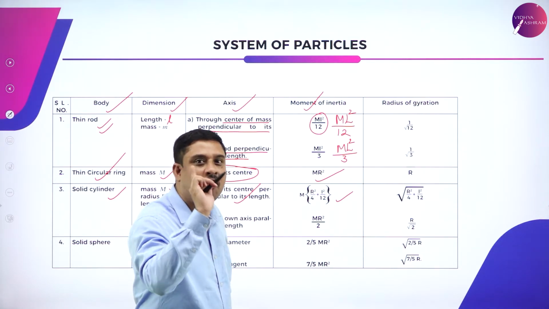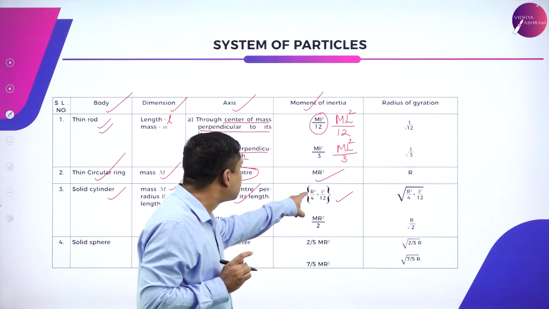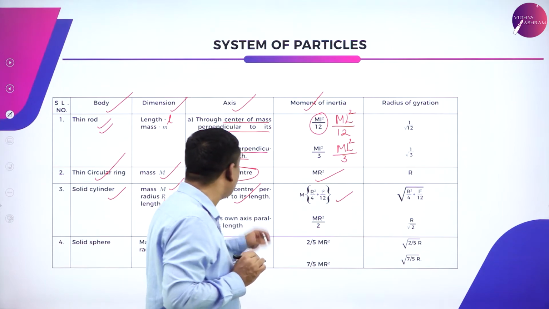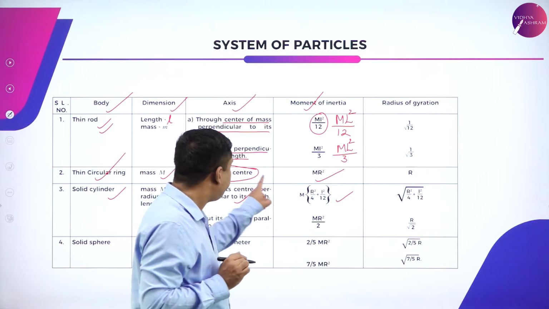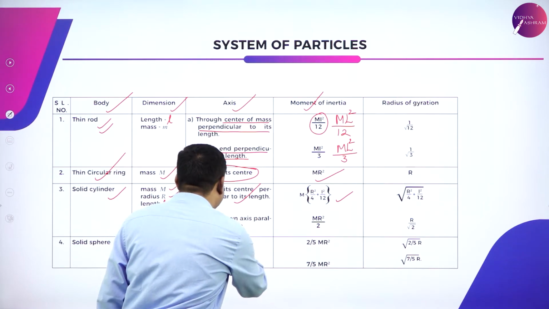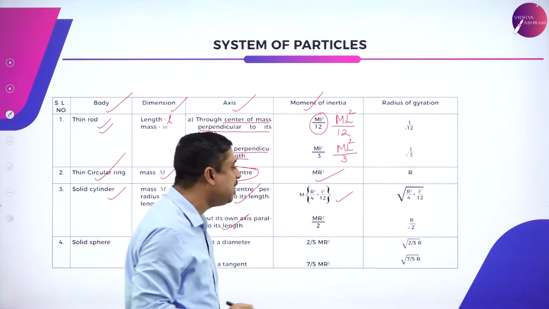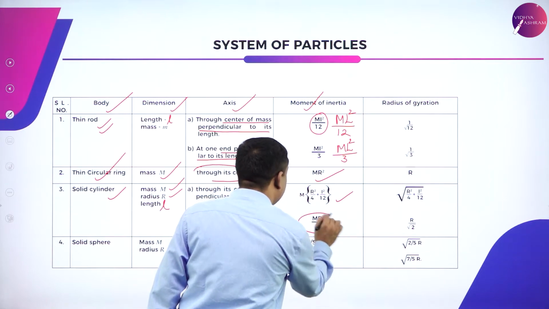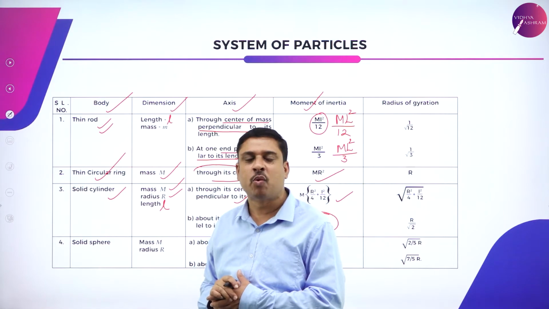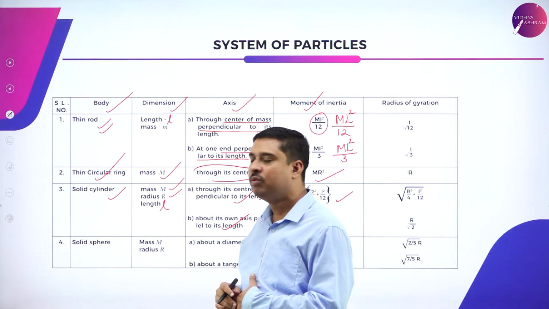Moment of inertia of a solid cylinder passing through its center perpendicular to its length, and passing through an axis parallel to the length, moment of inertia is mr square divided by 2.